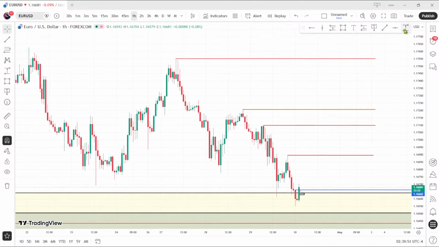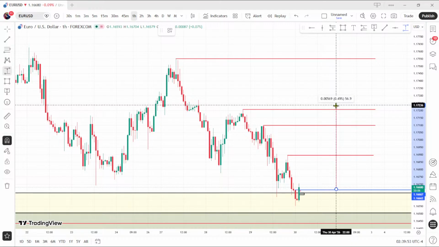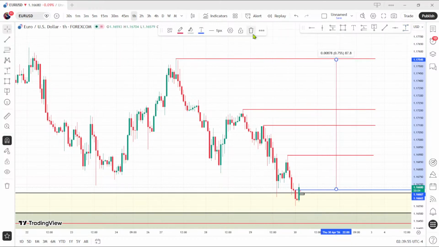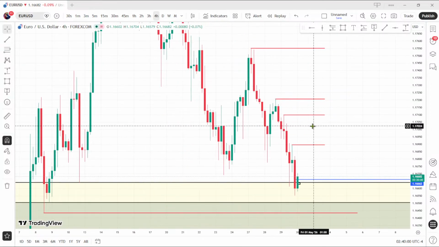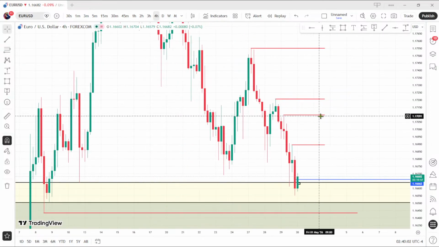I'll work with those liquidity for today. How many pips are those? Also 100 pips in the 4 hour. Yeah, this is the first exit, second one, the third one.